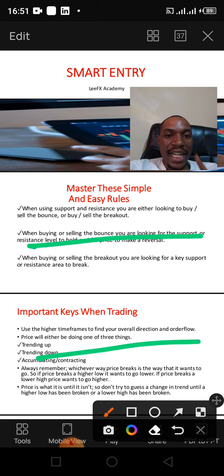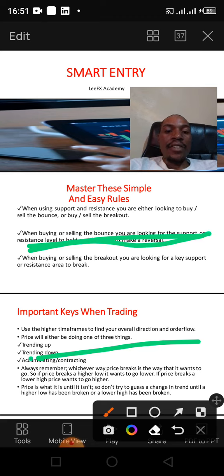If your target is trading the breakout, so if this is your resistance and this is your support, on your resistance you are looking at the point or the area where the price will break that resistance level.